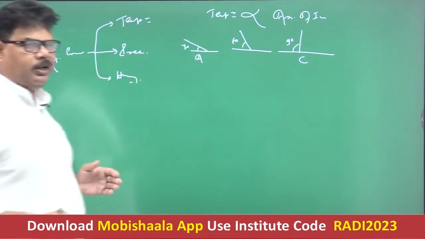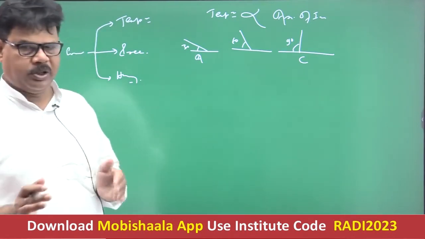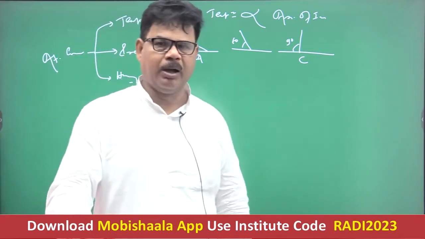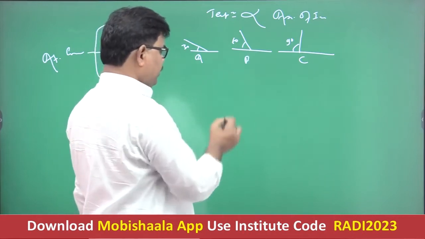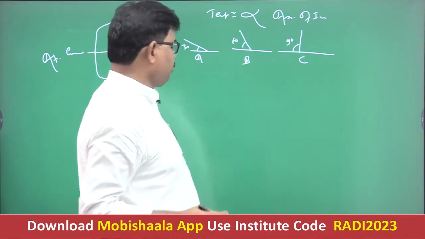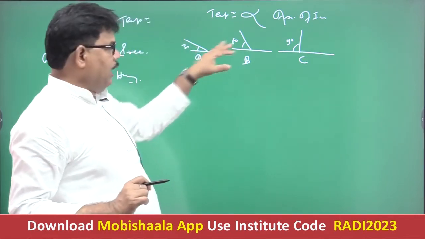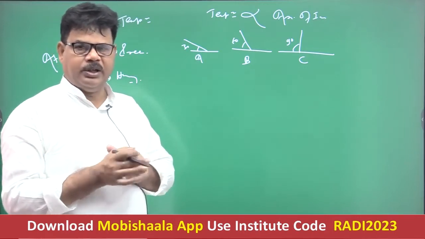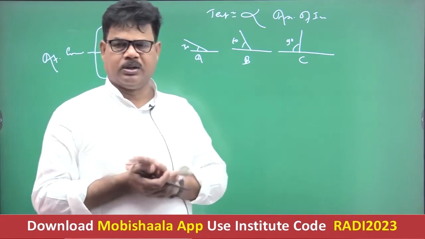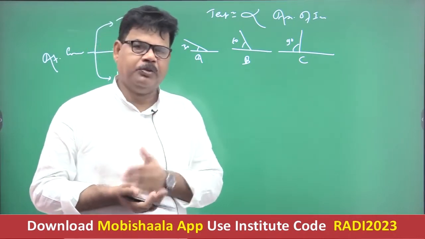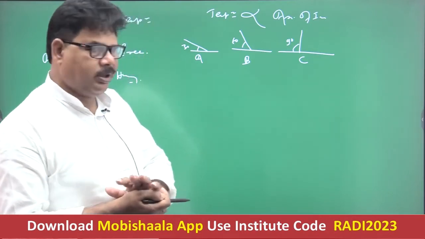We have already said that temperature, or heating effect, is proportional to angle of insolation. Since angle of insolation at A is minimum, it will be cold. And since angle of insolation at C is highest, that is 90 degrees, it is the warmest zone on the Earth's surface. So angle of insolation determines the temperature condition.